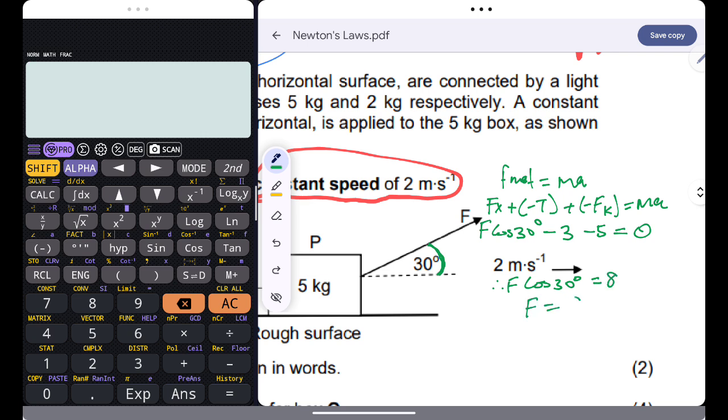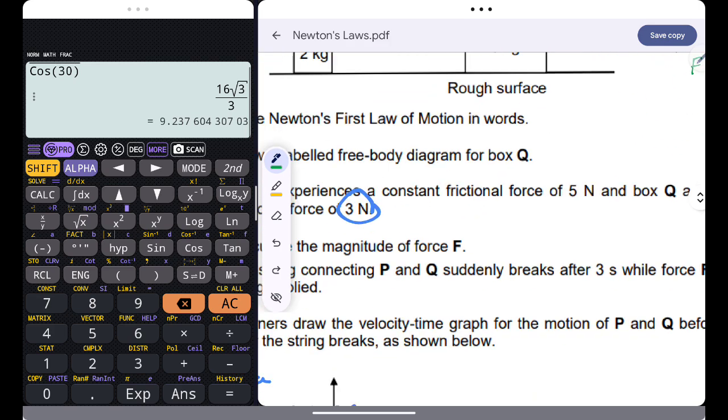So F is 8 all over the cos of 30 degrees. 8 divided by the cos of 30 degrees, I'll simply get 9.23 newtons.